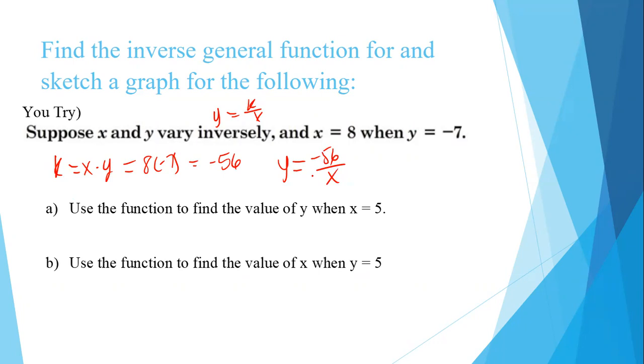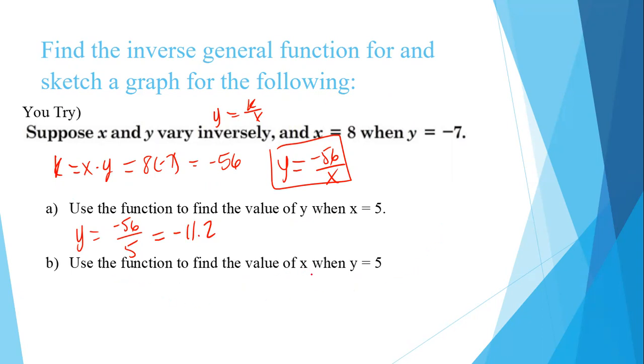Agreed? All right. Done. And then we're going to use the function to find the value of y when x equals 5. So y equals -56 divided by 5. You should have got -11 and 2/10. Yeah. I didn't go that way, but I still have the same answer. Cool.